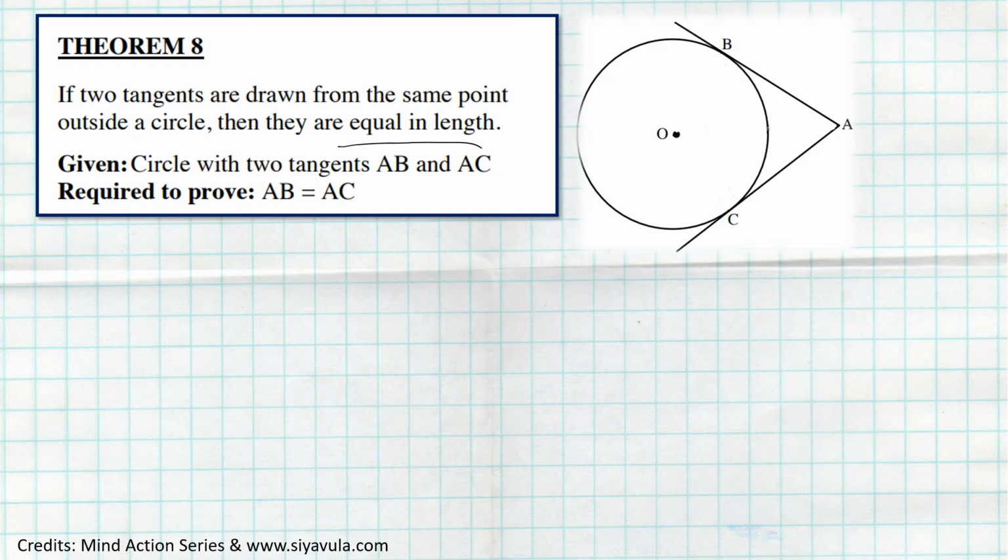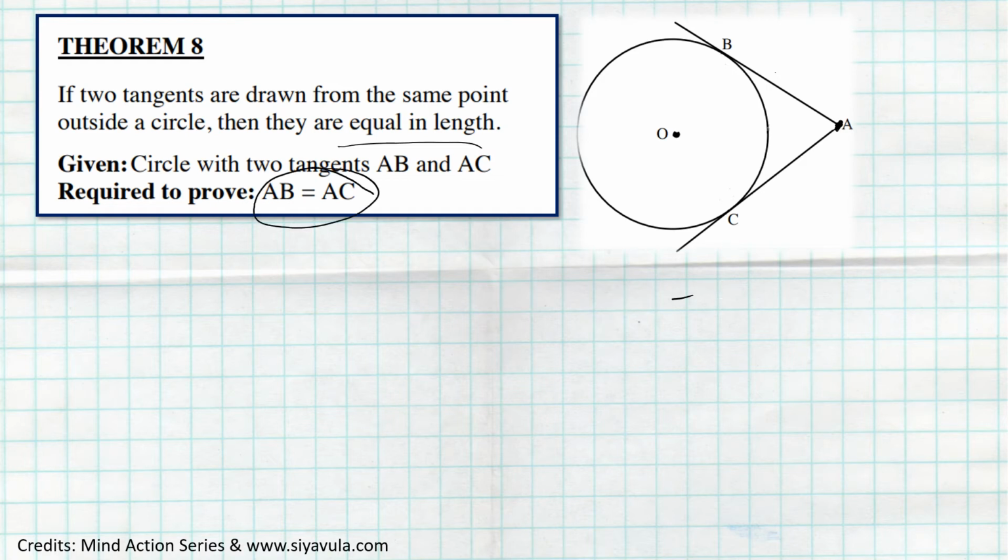They are from the same point, which is A, outside the circle. So those two tangents will be equal in length, meaning that line AB is the same as line AC, as they have also shown here.